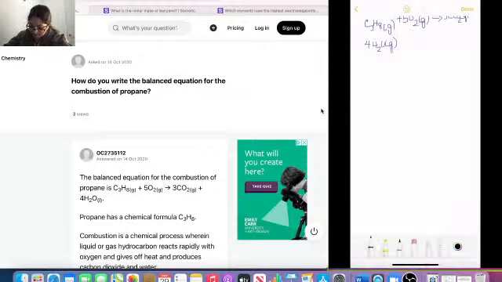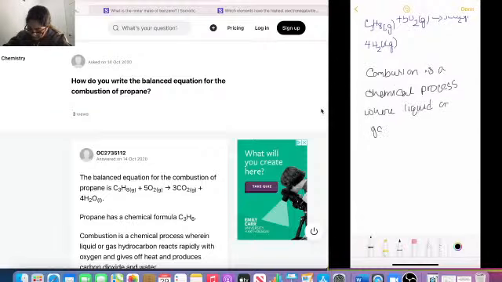So basically a combustion is a chemical process where liquid or gas hydrocarbons react with oxygen.